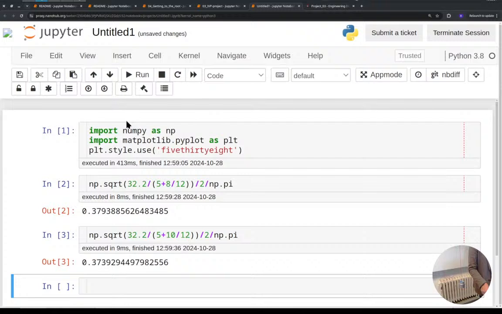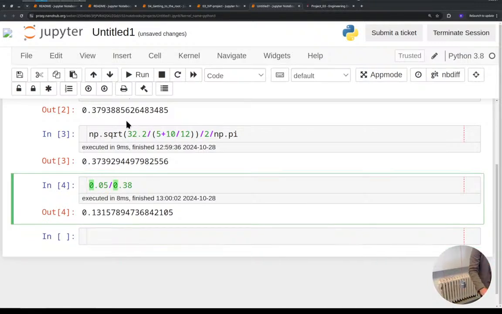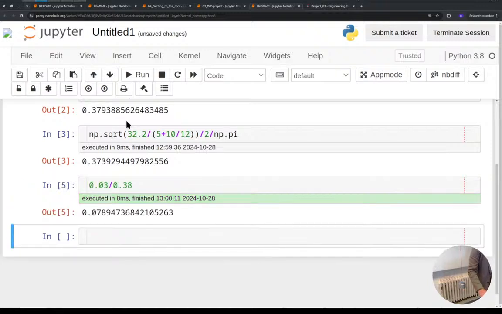So that natural frequency is about 0.37 plus or minus 0.05. Which is bigger than our measurement error, our measured versus predicted.